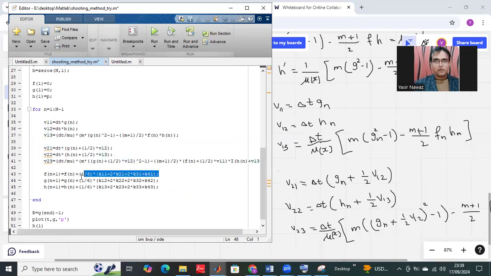Here the first equation of the last stage is V2-1, and then V2-2, and then V2-3.